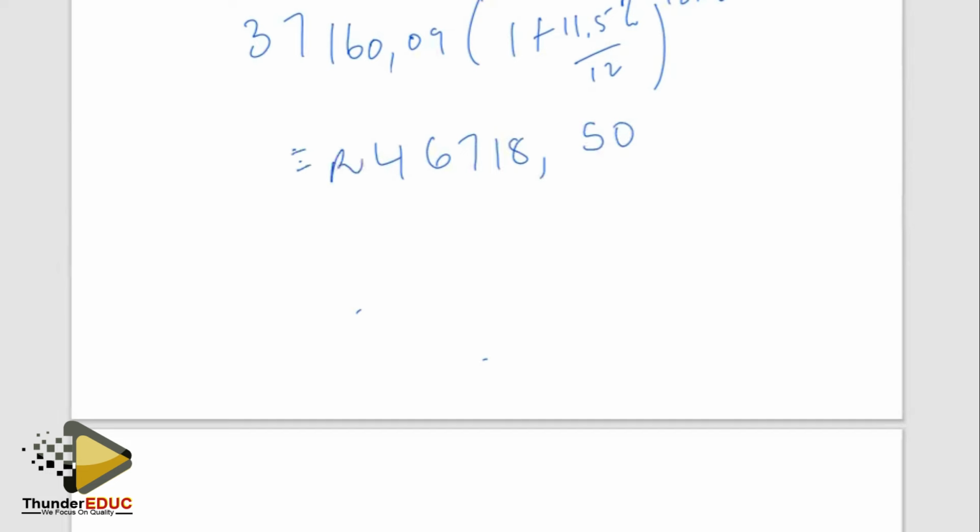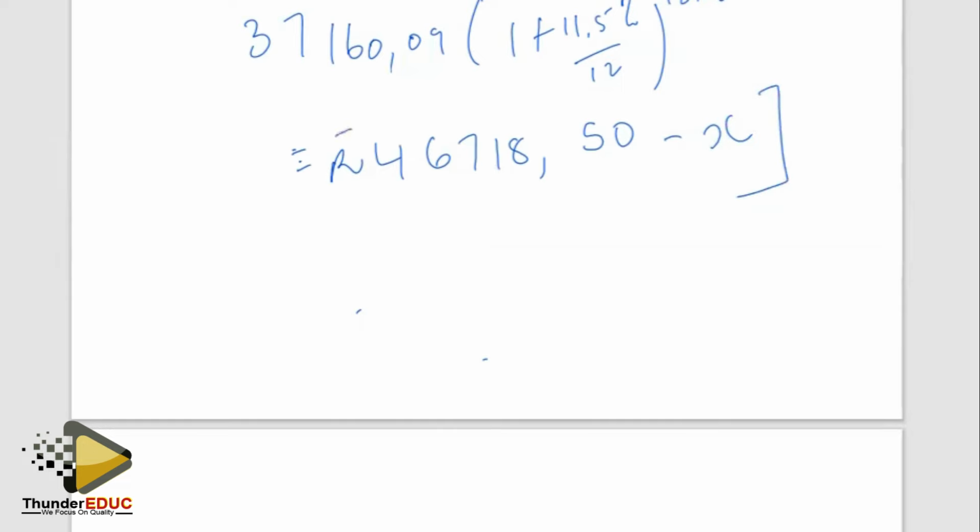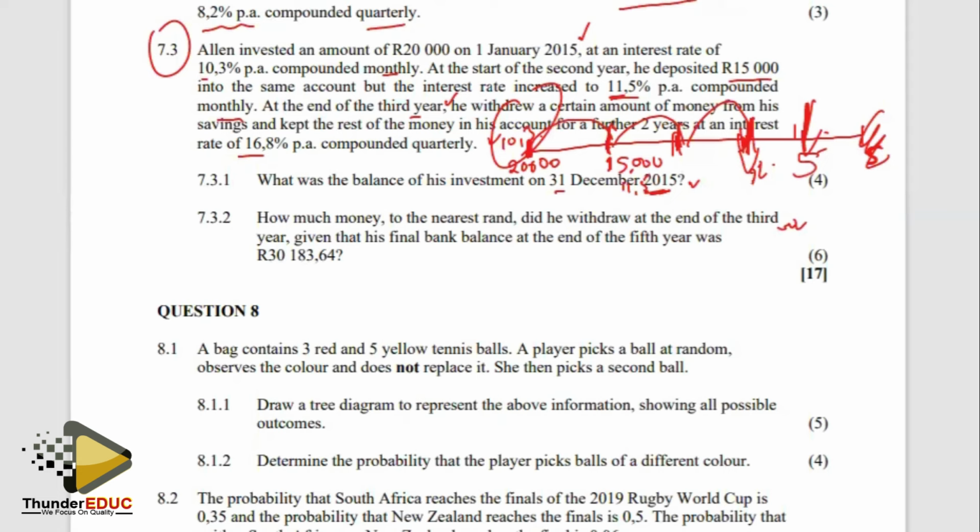So this is what we're going to have at the end of the 3rd year. Then there was a withdrawal of an amount, which is X. Whatever remains must grow at 16.8% compounded quarterly, which means it's going to grow for 1 full year.